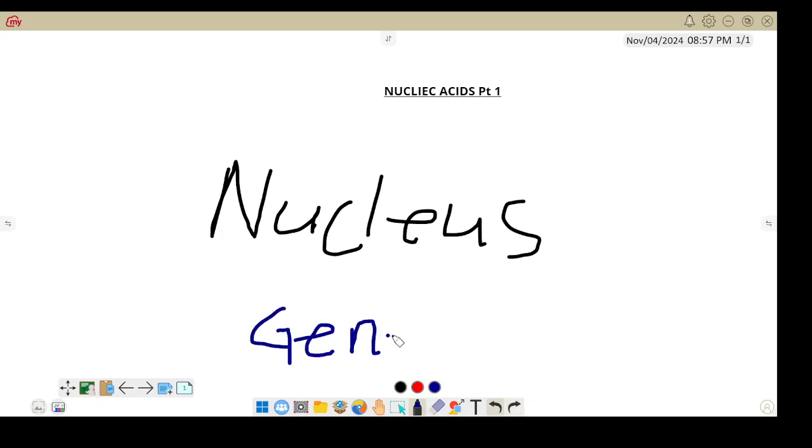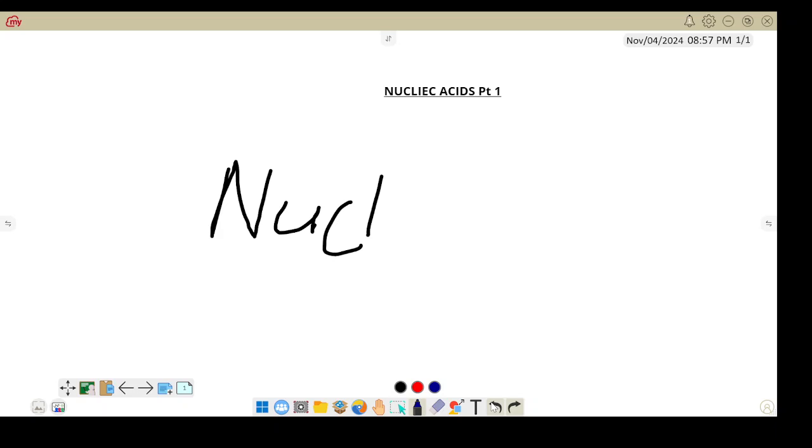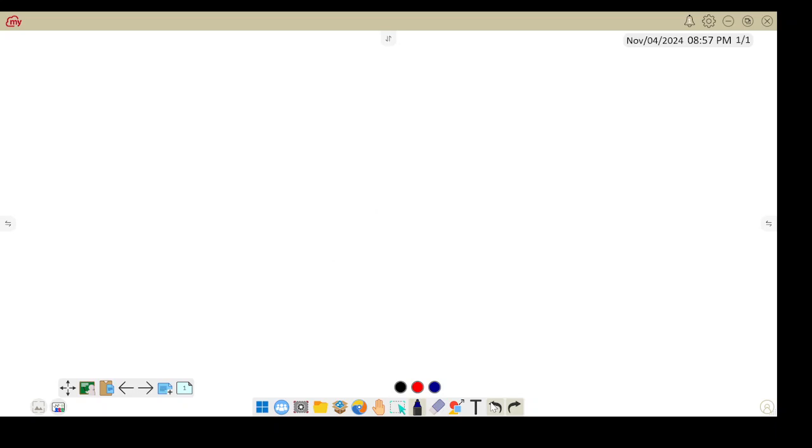So when we're talking about the nucleus, we're talking about something that will contain the genetic material. That is what will form our introduction. We're basically dealing with something that relates to genetic material.